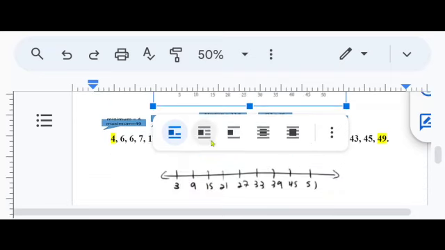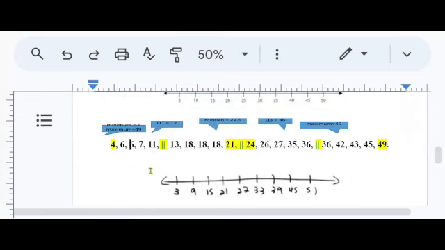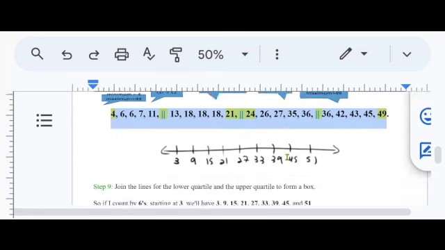Like we did, it's going to be like this, right? Now we're going to point out on top of each one which one is a minimum, which one is a maximum, and the median, quartile 1 and quartile 3.